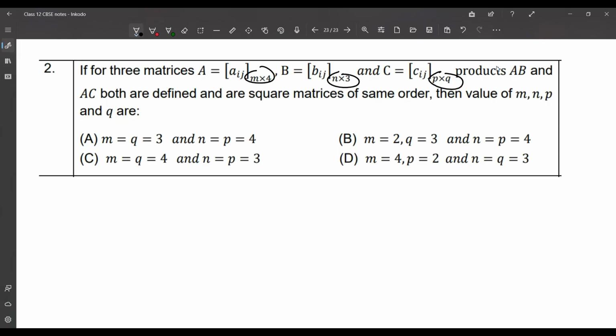So if the product AB is defined, we know that the number of columns of A is equal to the number of rows of B, which means A is m cross 4 and B is n cross 3, which means we can find out that 4 is equal to n.